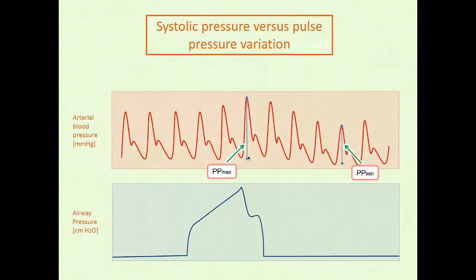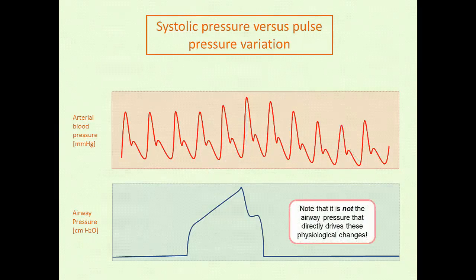So you can see the difference between here and here is the pulse pressure max, the difference between here and here is your pulse pressure min. Okay, and pulse pressure variation is actually this value plus this value divided by the average of the two multiplied by 100%.